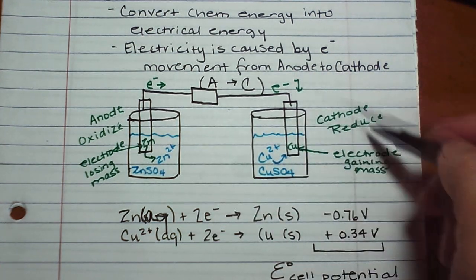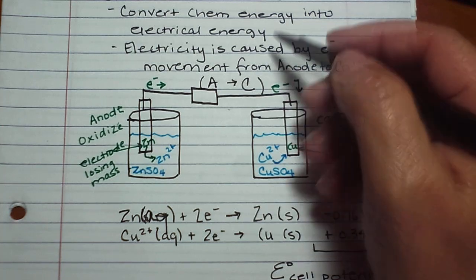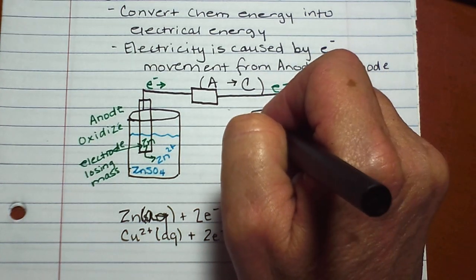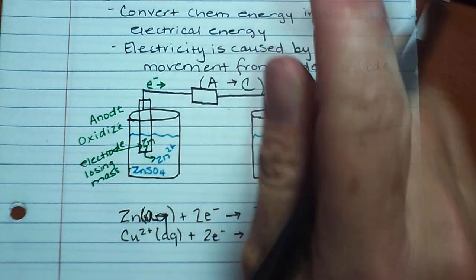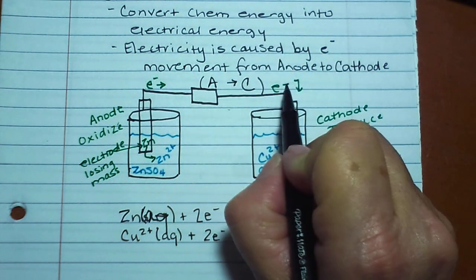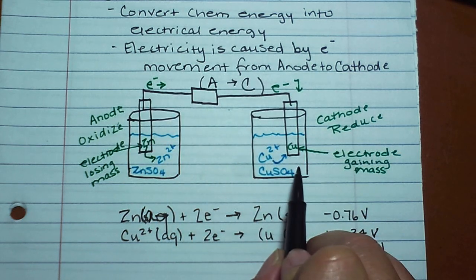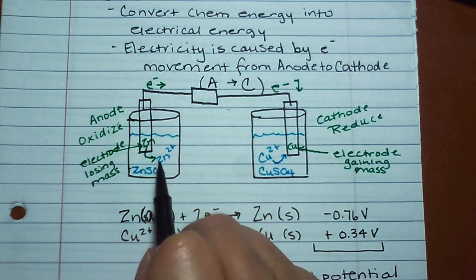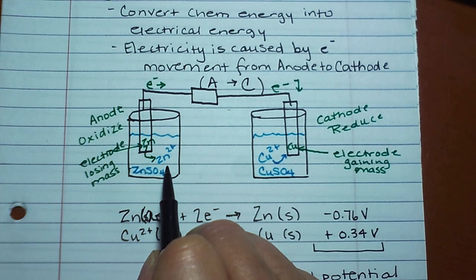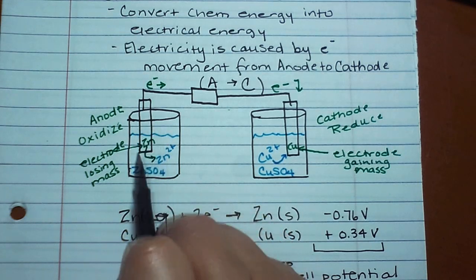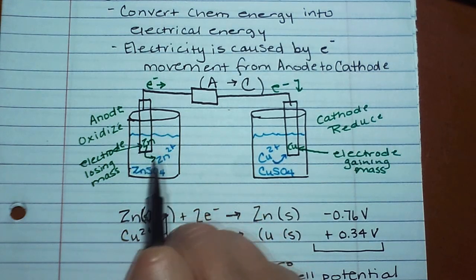Because it goes through the wire and reduces the cathode, and if we don't do something about the electrons piling up here, and meanwhile all these zinc 2 pluses are starting to pile up here, we're getting a hugely positive pile up going on here.